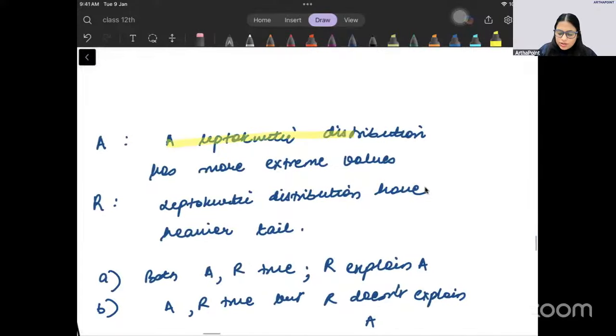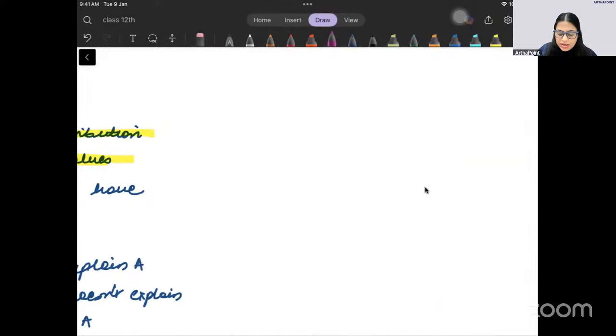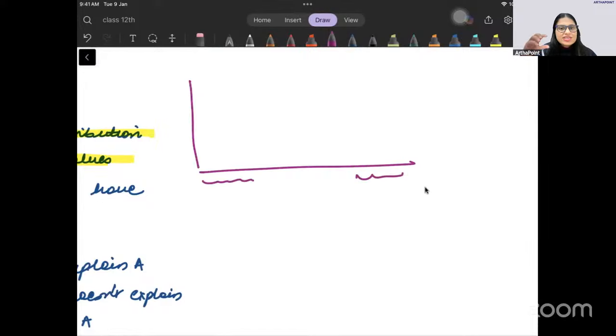A leptokurtic distribution has more extreme values. More extreme values means the frequency of these distributions of extreme values is high.